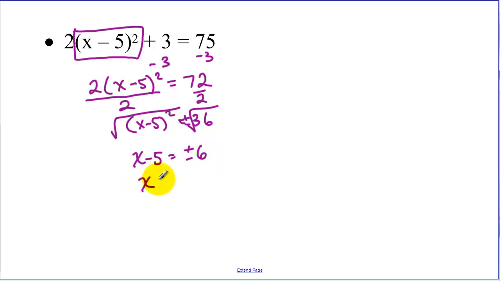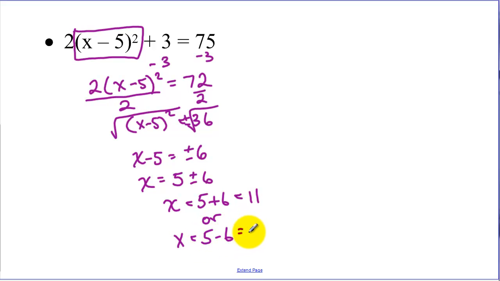And we're going to add 5, so we get 5 plus or minus 6. Now we want to simplify this into two numbers, so what this means is the quantity 5 plus 6, which is 11, or 5 minus 6, which is negative 1. So these are our two solutions.